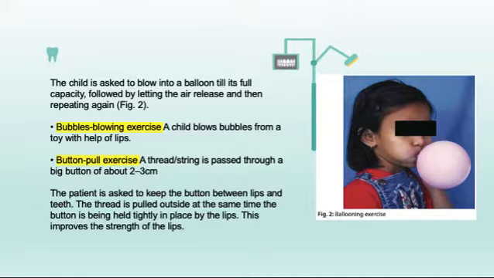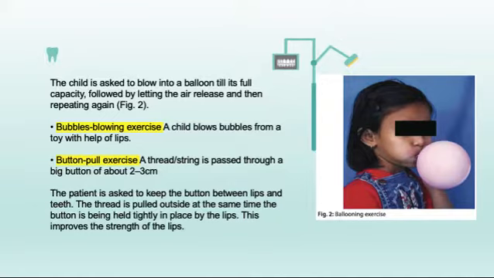This improves the strength of the lips. Two buttons can be used. One of the buttons is placed between the lips of the patient, while the other is held by the patient outside.